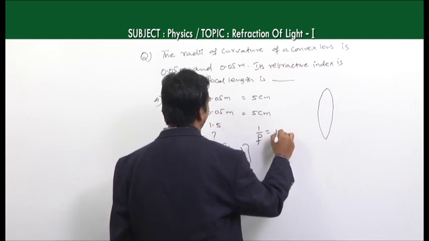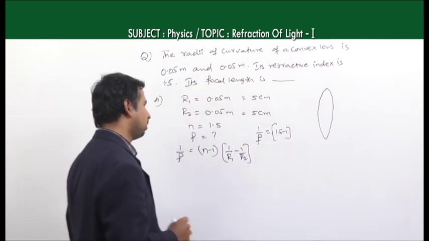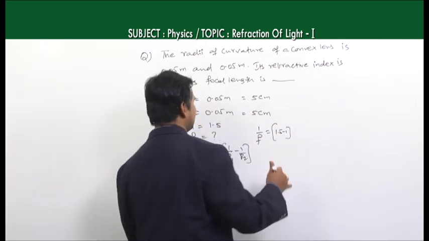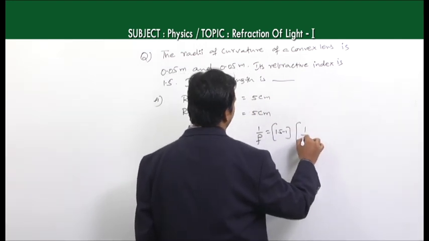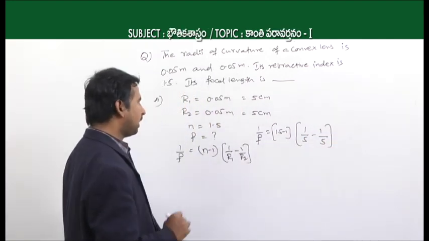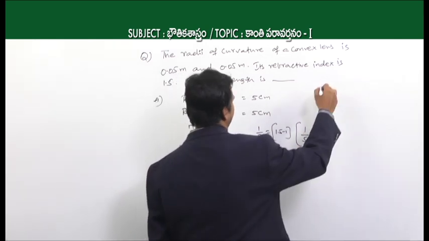So 1.5 minus 1, and we have 1 by R1 minus 1 by R2. Then R1 is given, so 1 by 5 minus 1 by 5. Given that this is a double convex lens, we have to apply the sign convention again.